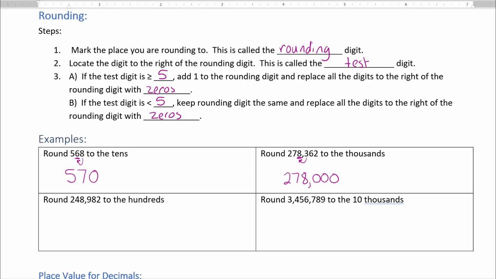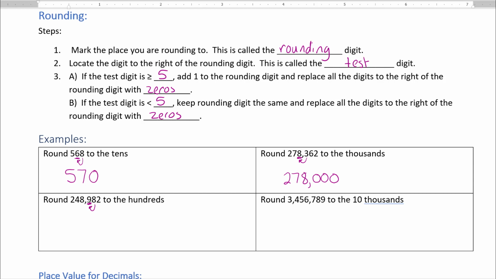Round 248,982 to the hundreds. So the hundreds here is the 9 digit. So the 8 is the test digit. We're rounding to the 9, which is the rounding digit. So the 8 tells the 9 to move up. Now, 9 is difficult. That's the highest digit there is with only one digit.